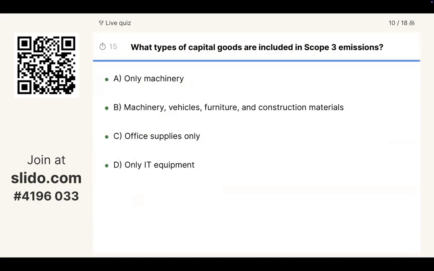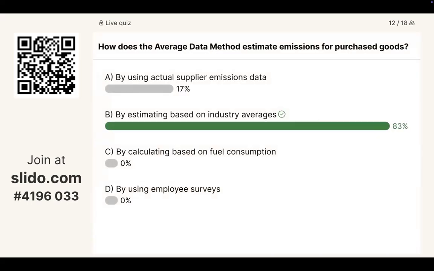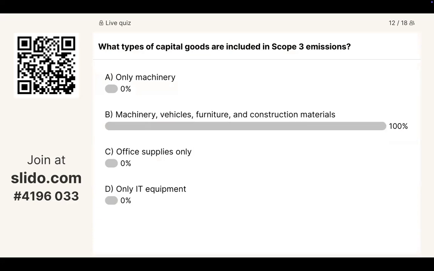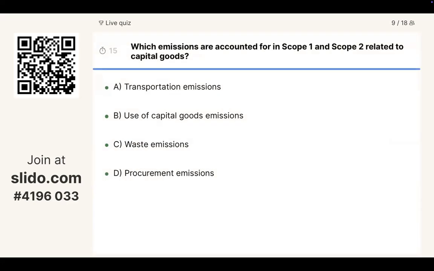Next question: what types of capital goods are included in scope 3 emissions? I'm giving a chance again. The correct answer is machinery, vehicles, furniture, construction material. Next: which emissions are accounted for in scope 1 and 2 related to capital goods?